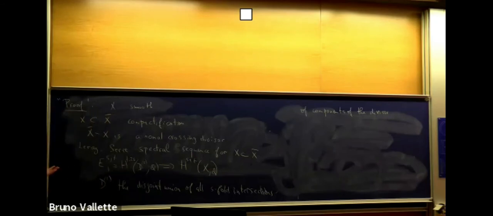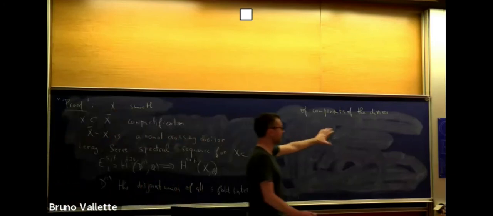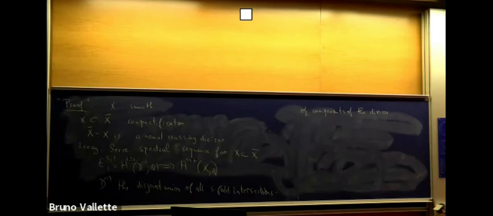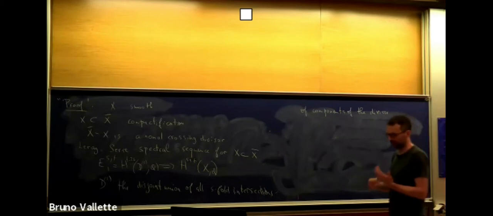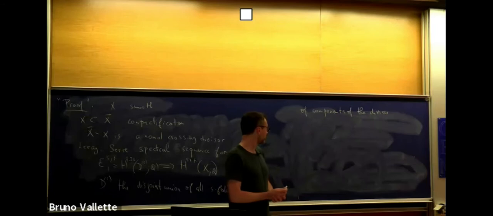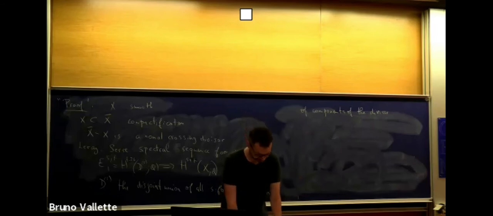But of course, the fact that there is this mixed Hodge structure is very specific to coefficients in Q. If you have coefficients in, for instance, a positive characteristic field, you'll have things like Galois actions on the cohomology. So the weight filtration is a very general thing, and then there will be additional ingredients that tell you in some cases this weight filtration splits. And this is the kind of idea that we're going to use.